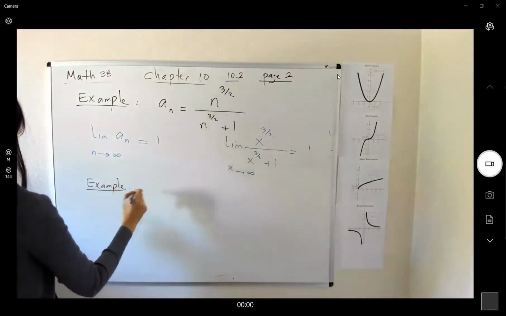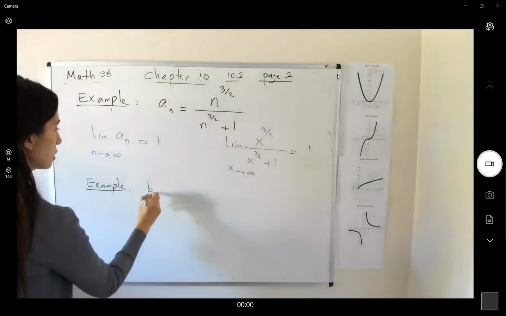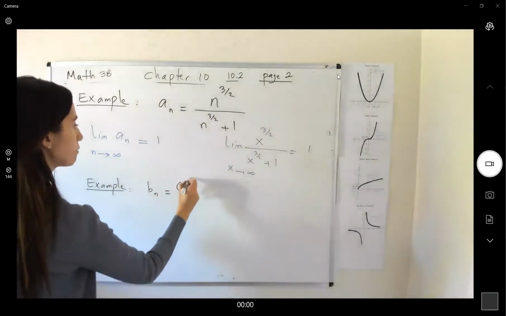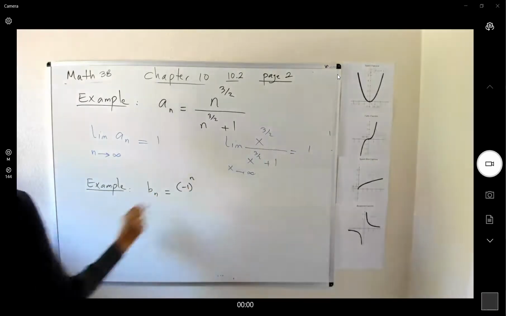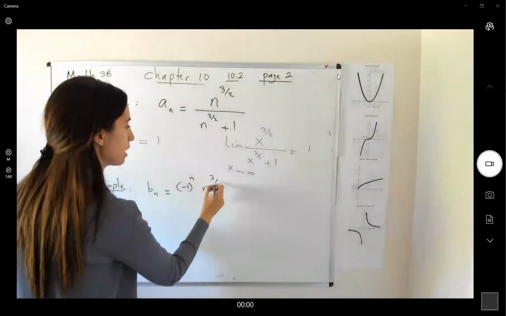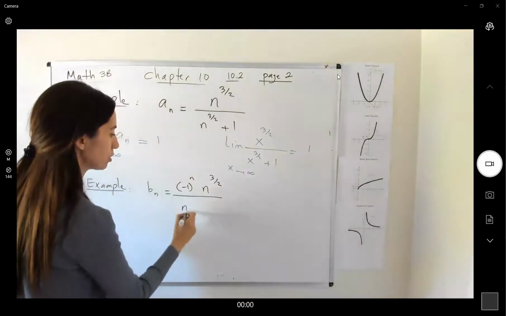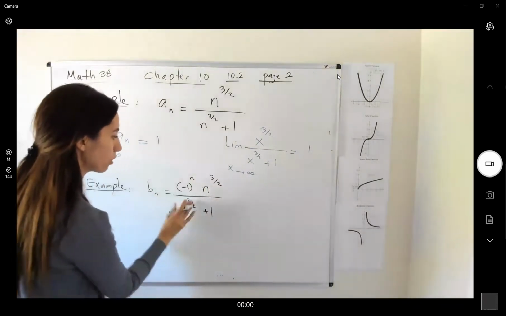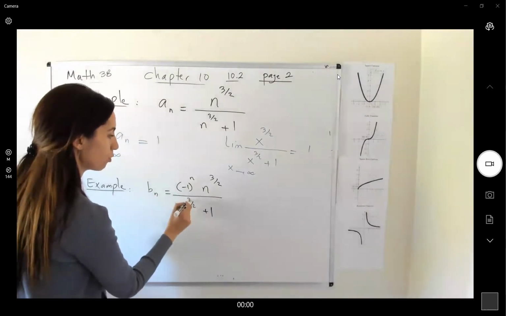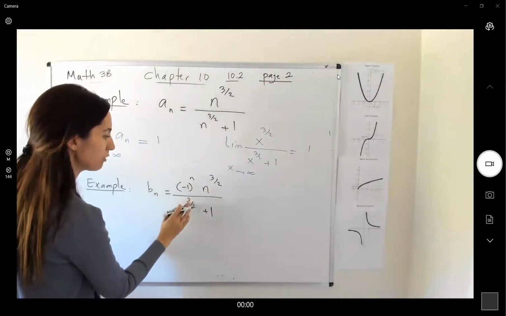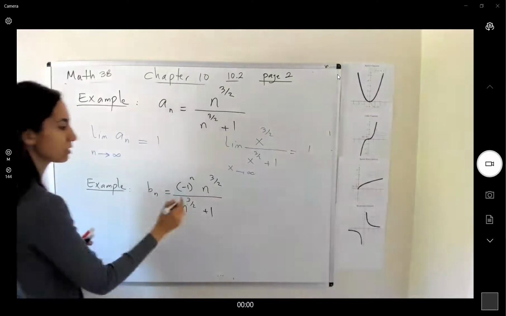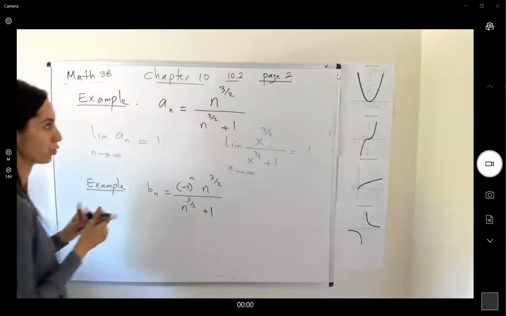Now suppose you have v sub n, which has negative 1 raised to n times n to the 3 halves divided by n to the 3 halves plus 1. The only difference between these two sequences is negative 1 raised to n.